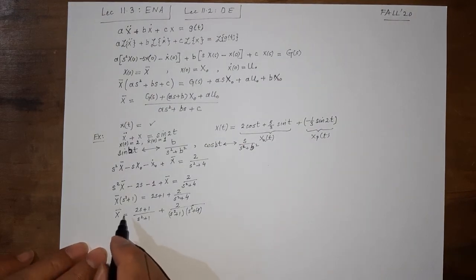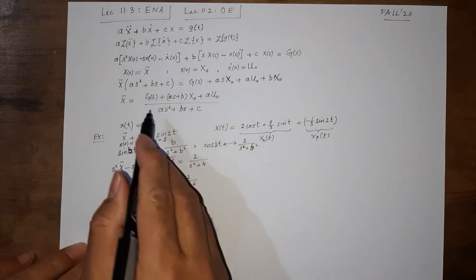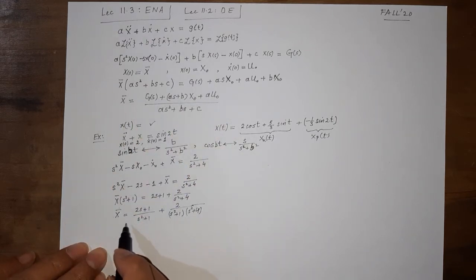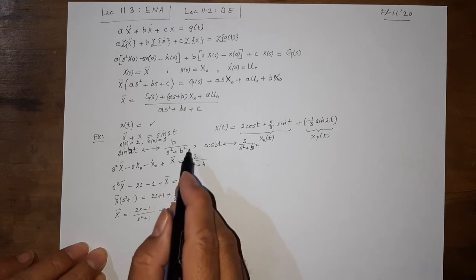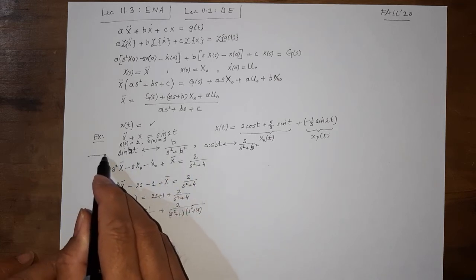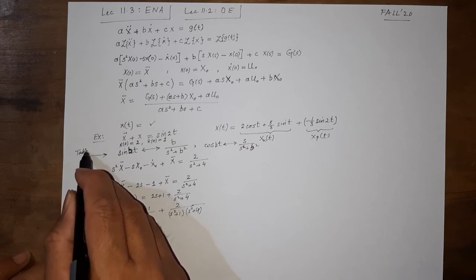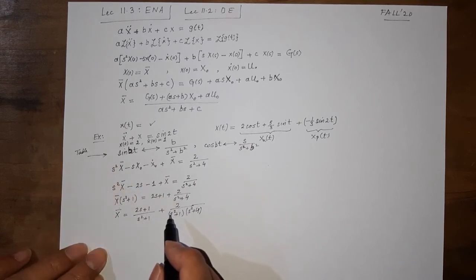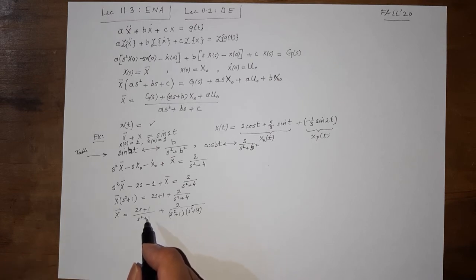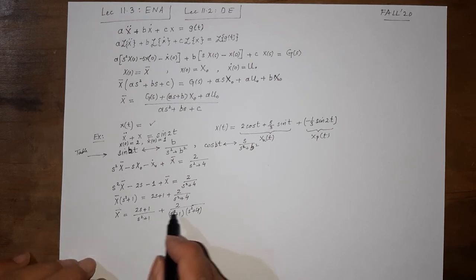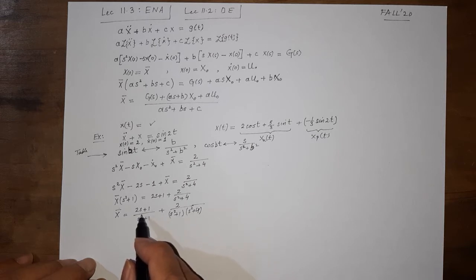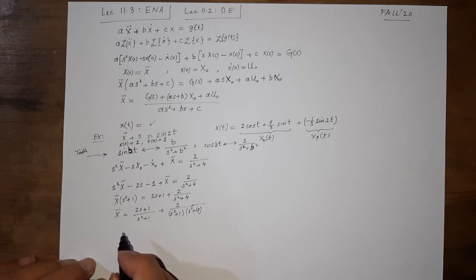The idea that we were stuck with here is to write x bar in such a way that we can use the table entries that are relevant to us to see what the various terms would have as the equivalent expression in the time domain.